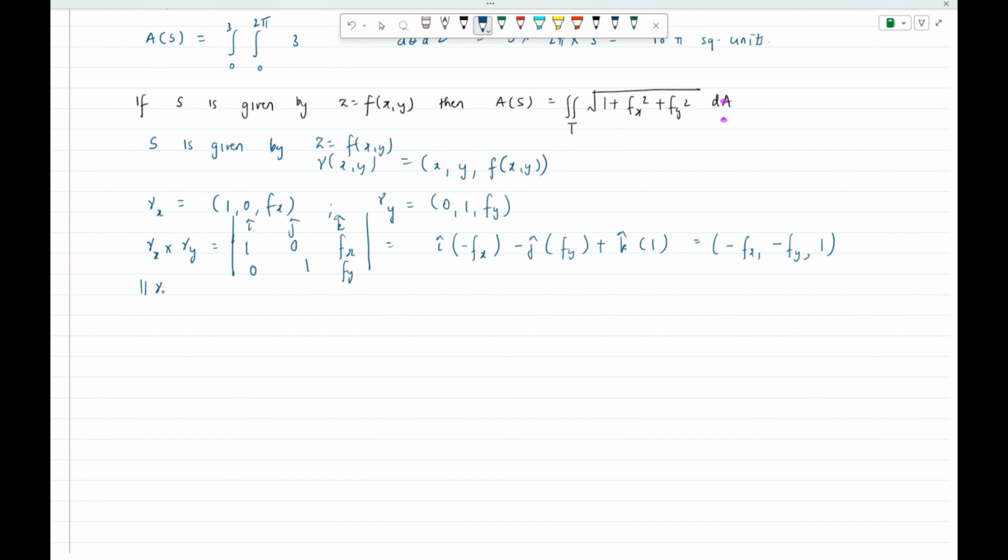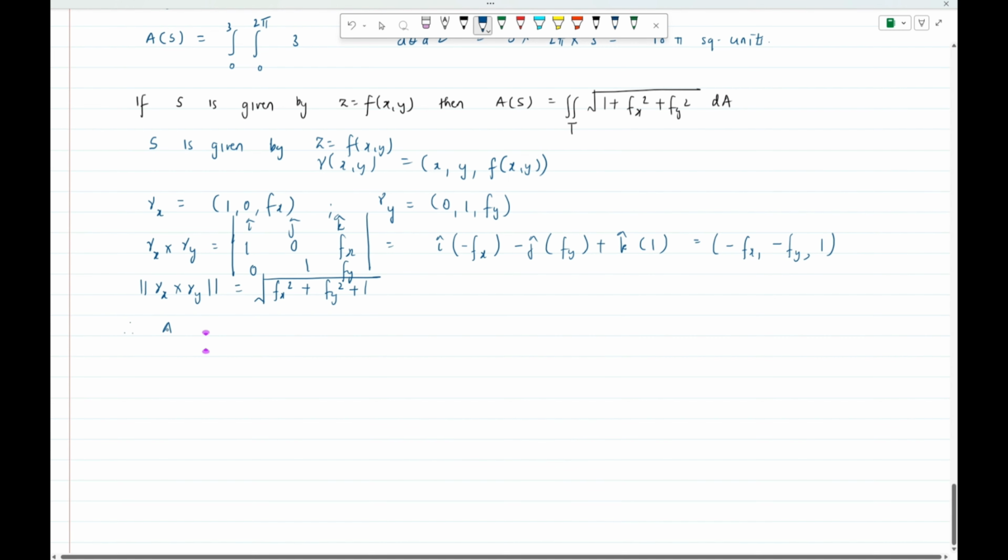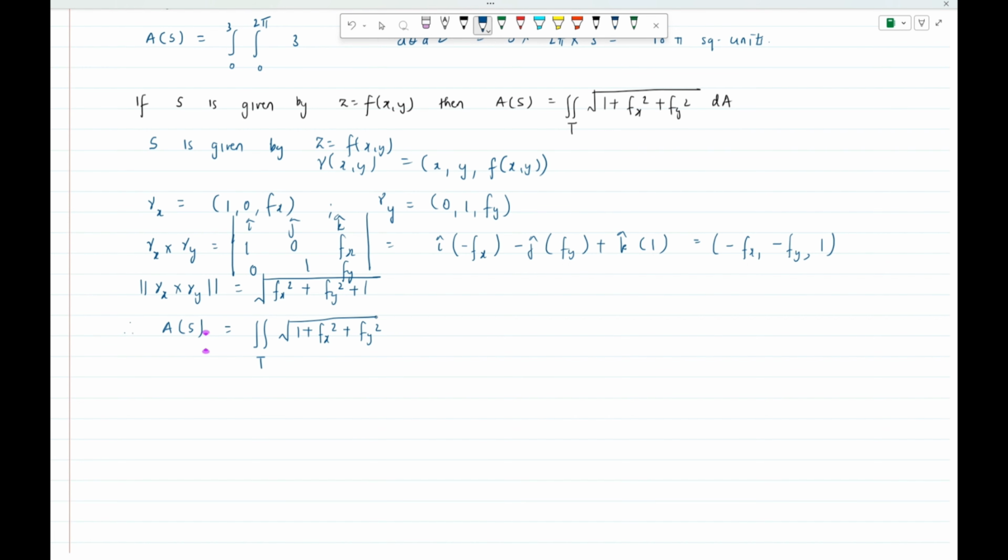The norm of this is going to be the square root of fx square plus fy square plus 1 square. And therefore, by the formula of areas using surface integral, this is going to be the double integral over T, and since this is the norm, we will be having the square root of 1 plus fx square plus fy square dA.